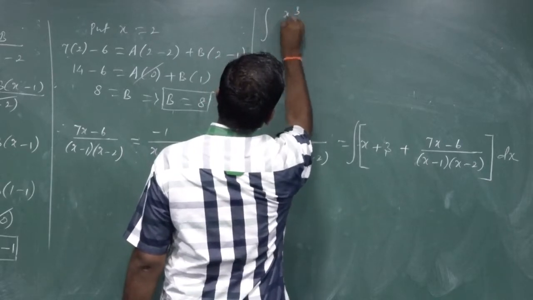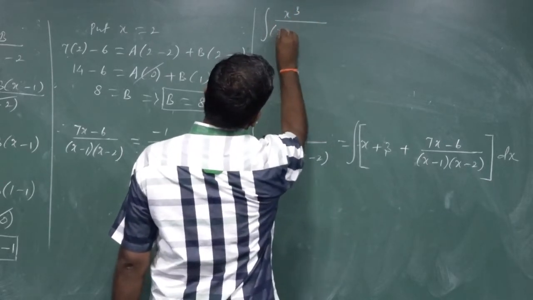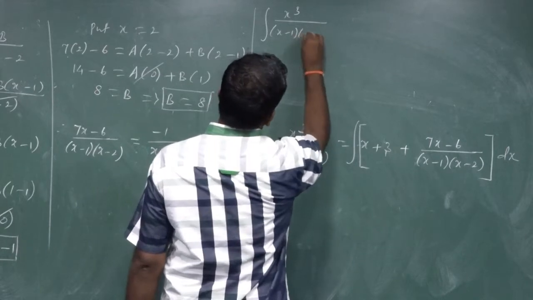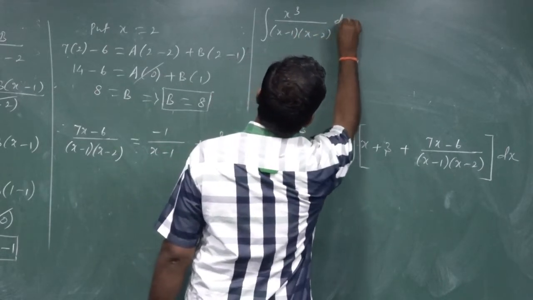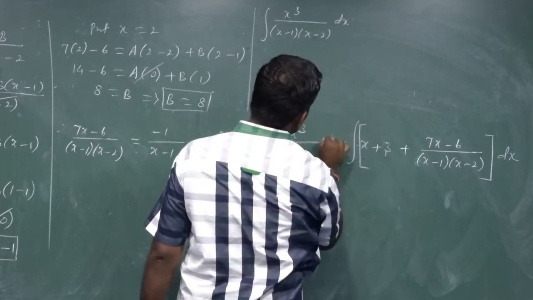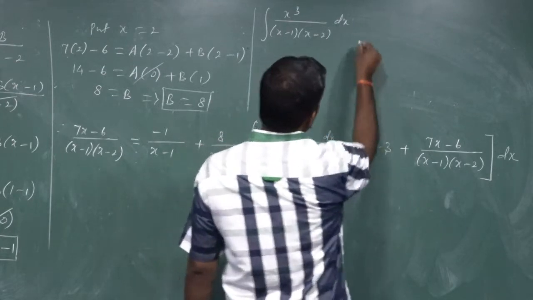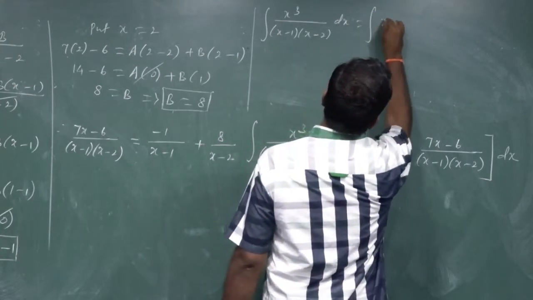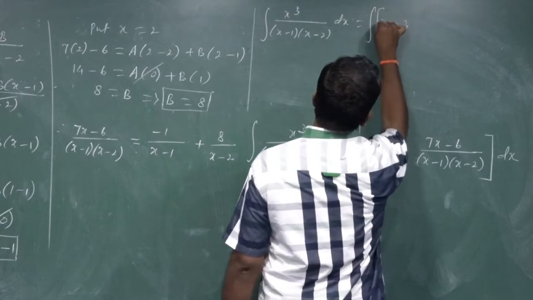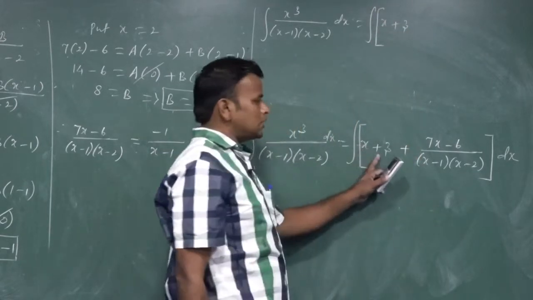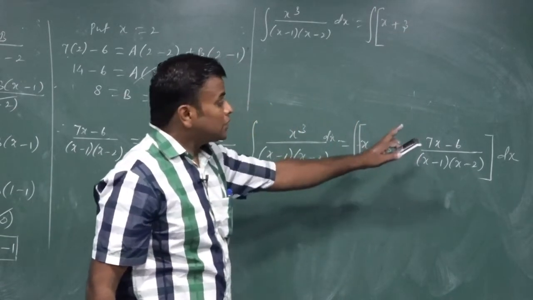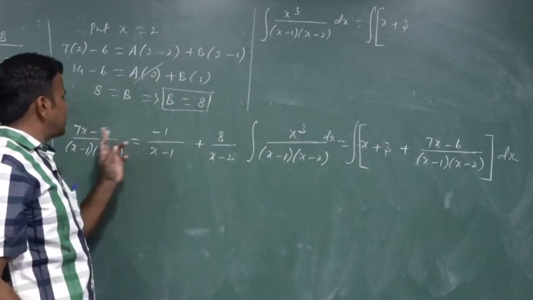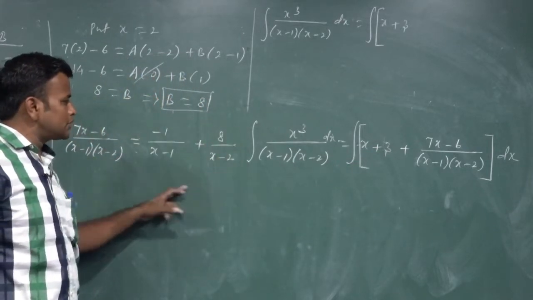The LHS: the integral of x cubed divided by (x minus 1)(x minus 2) dx. We write this as x plus 3, no change in the first two terms, plus (7x minus 6) divided by (x minus 1)(x minus 2), which is nothing but this partial fraction.